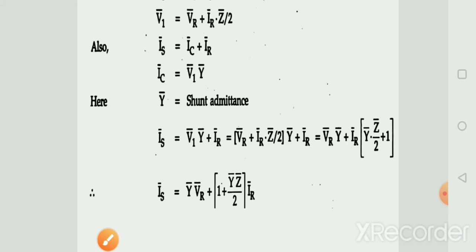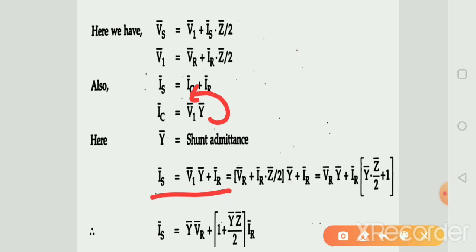Now we have Is equal to V1Y plus IR. We put the value of V1Y in the place of IC. Now we put here the value of V1. V1 is VR plus IR Z by 2. Okay, so we put the value of this, plus IR.